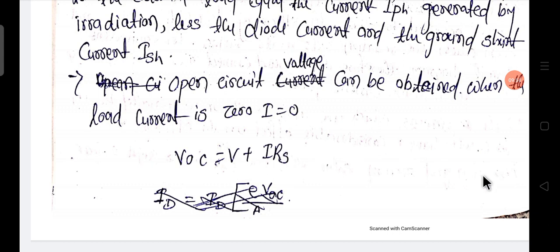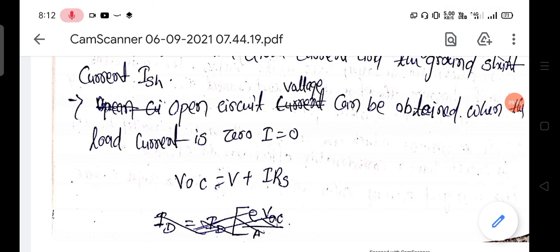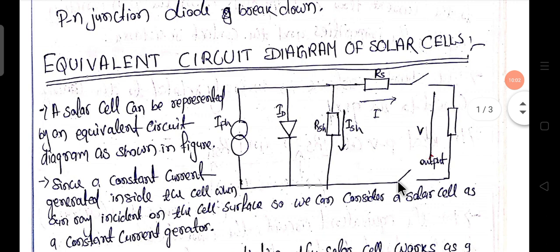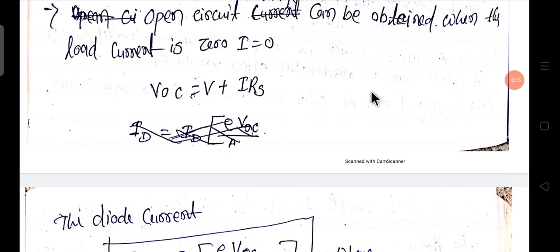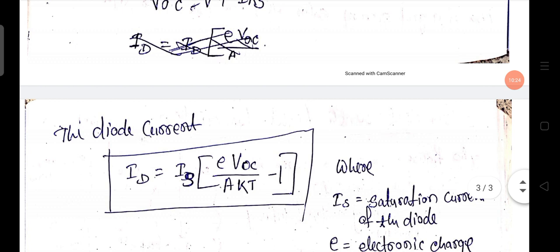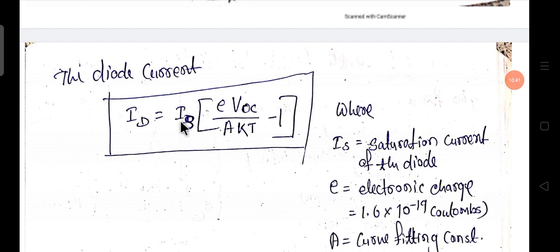This is I into RS, this current. So the diode current ID equals IS into e to the power VOC by AKT minus 1, where IS is the saturation current of the diode, and e is the electronic charge, which is 1.6 into 10 to the minus 19 coulomb, and VOC is the open circuit voltage.